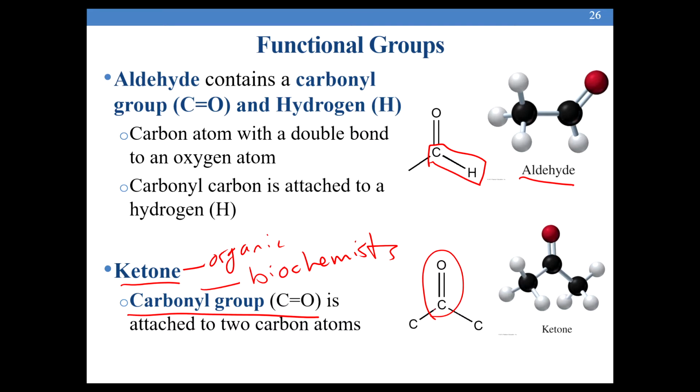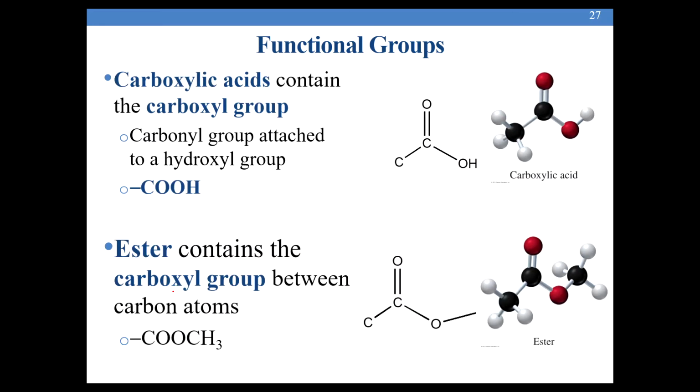The only functional group you're focusing on is the carbon double bonded to the oxygen. If there's no other component, like the hydrogen for the aldehyde, and no extra oxygens anywhere, then you're just in ketone functional group territory, okay?